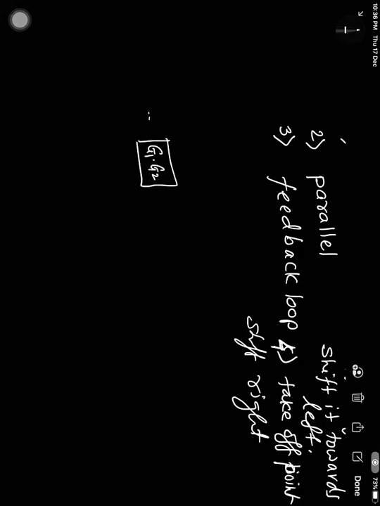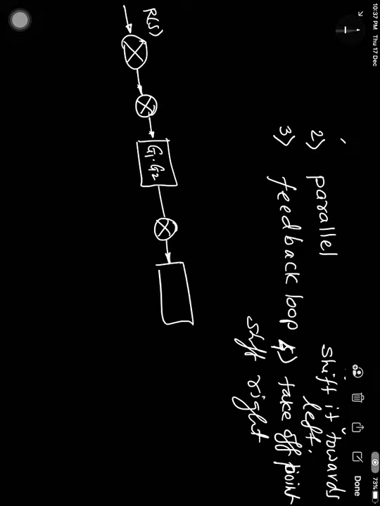Before that, if you recollect, there is one summing point, which is R(s). Then next, there was one more summing point, right? And what we had changed, G3 plus G4, whereas there was one more G5 block, and the output was Y(s).